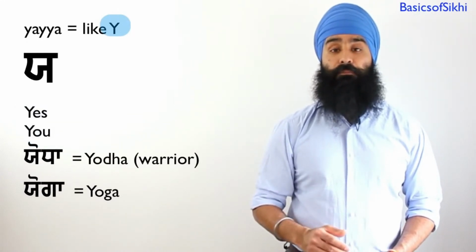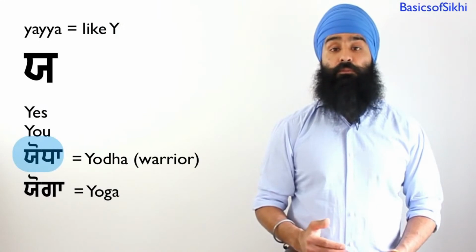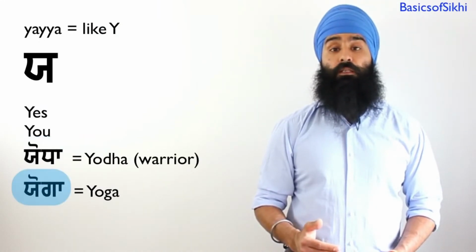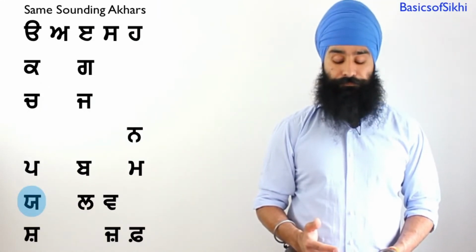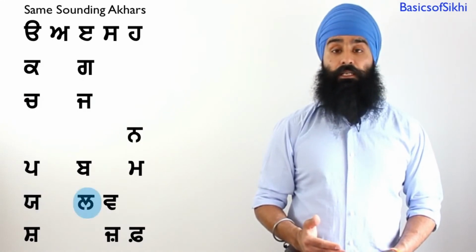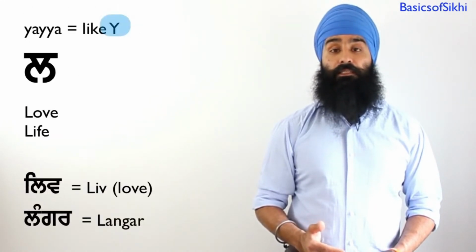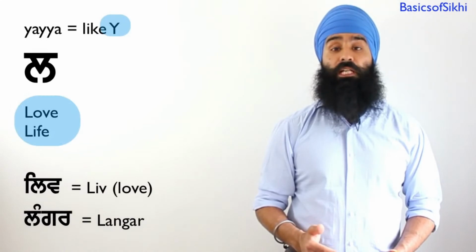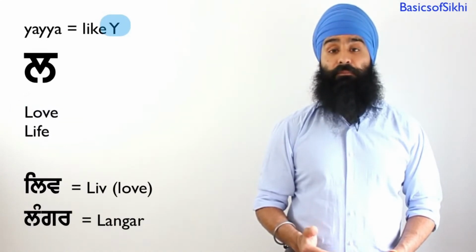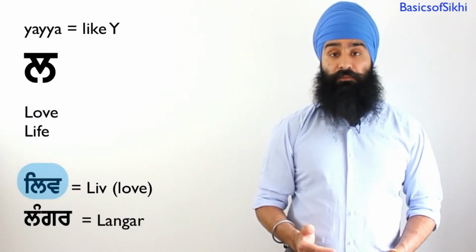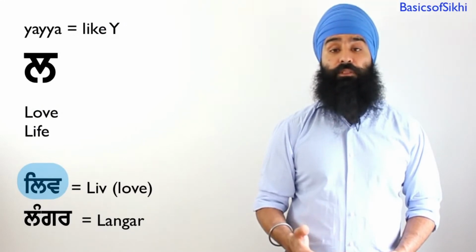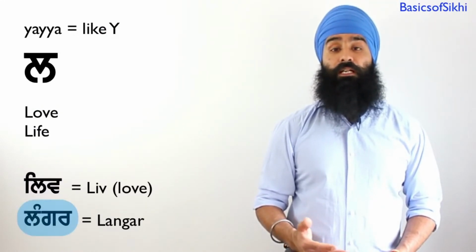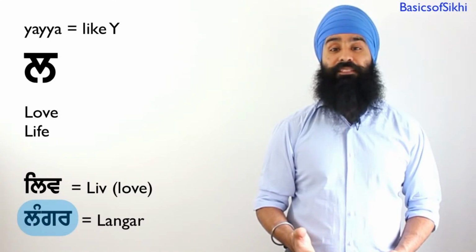And then in Punjabi, yodha, yodha means a warrior, or yoga, yog, y. Then lalla, l, just like we say love or life, l. And in Punjabi we can use words like liv, like being in love with Waheguru, or langar, a very common word you're going to get to know.